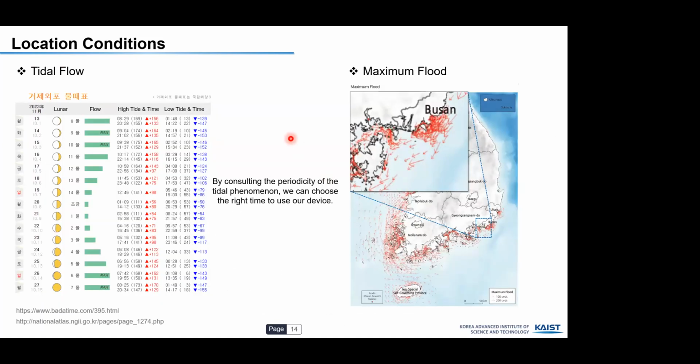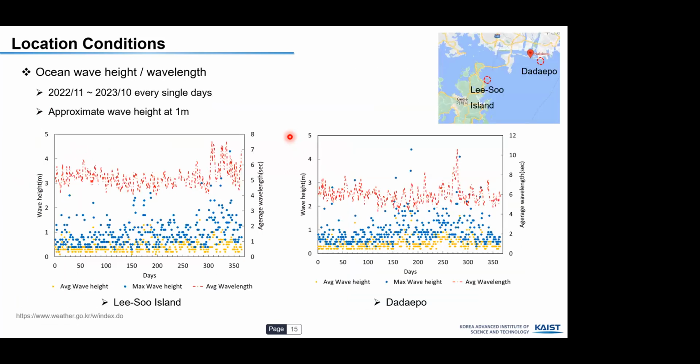So now that we chose the location and the system, to scale our system we need some important data on the location conditions. We found some data about the tidal flow. By consulting the periodicity of the tidal phenomena, we can choose the period which is most efficient to use our device. We also looked for ocean wave height.